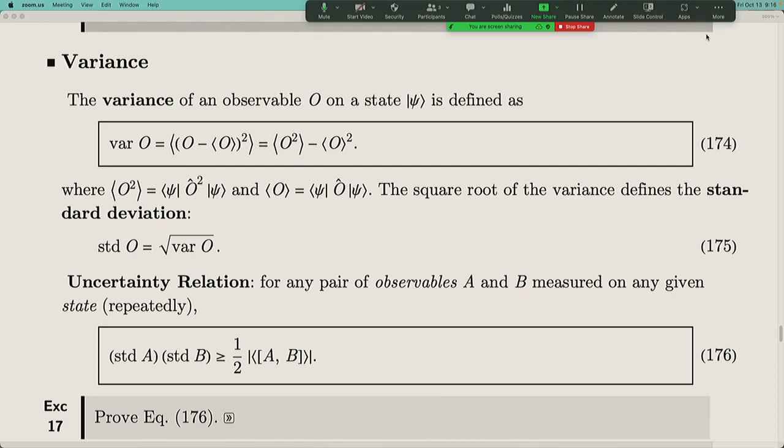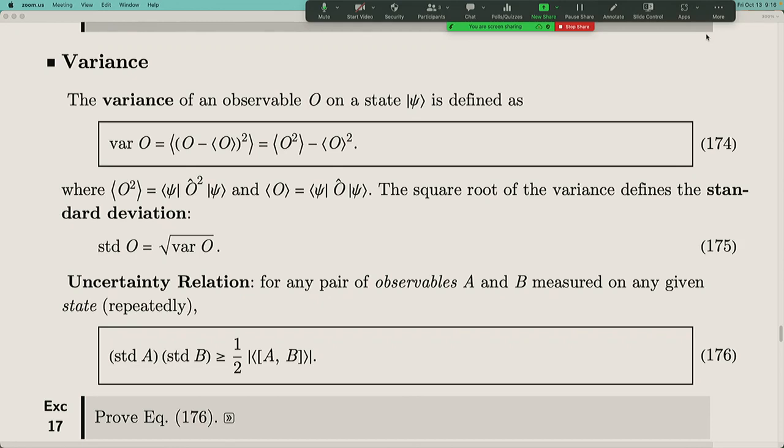Because the observable will just fluctuate around its mean. So you need to square the deviation such that it captures the strength of the deviation in some sense, and then you take the average of that. So it's a double average: you first average the observable inside, and then you average this squared deviation outside.